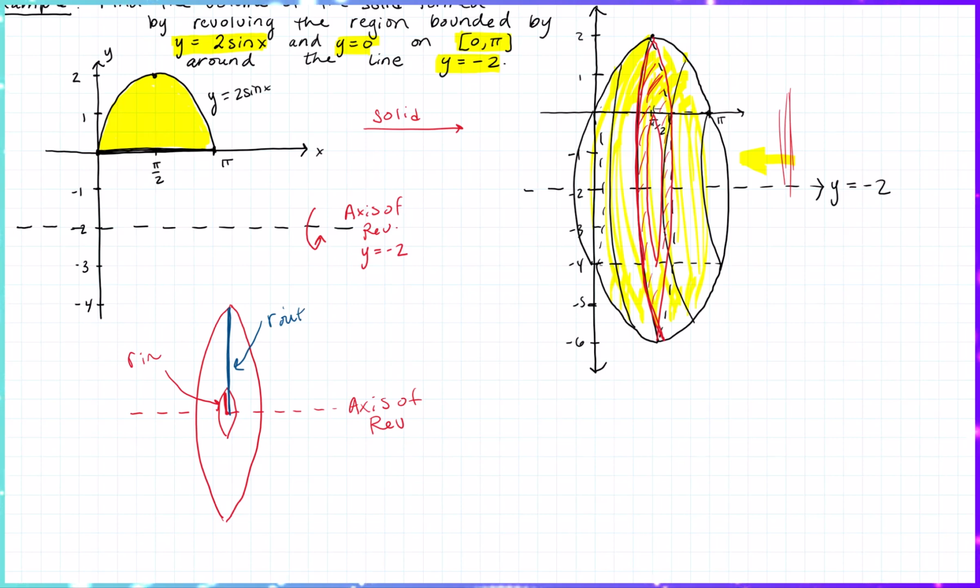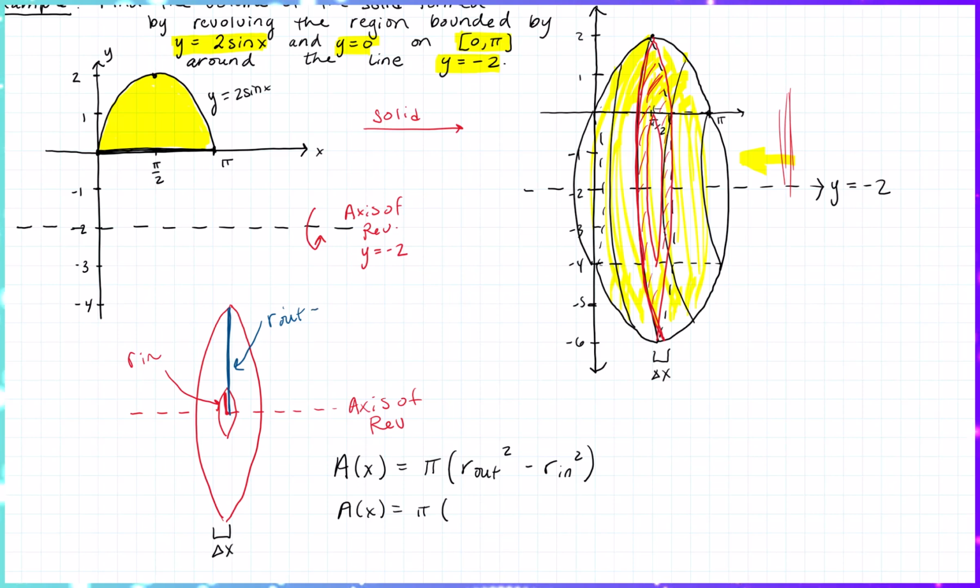We know that the thickness of our slices here is delta x, so we're going to have a function for the area that is pi times the outer radius squared minus the inner radius squared. Then we'll plug that into our integral to compute the volume once we've come up with what this looks like and got it simplified. So A of x is going to be equal to pi times, well, how would we calculate the outer radius?